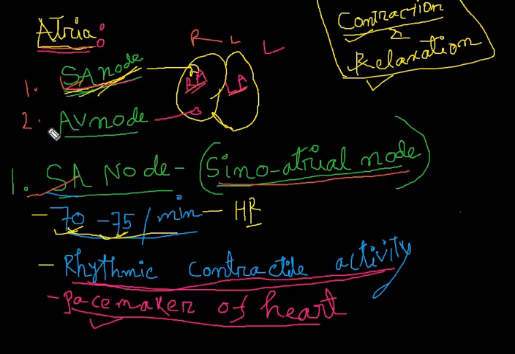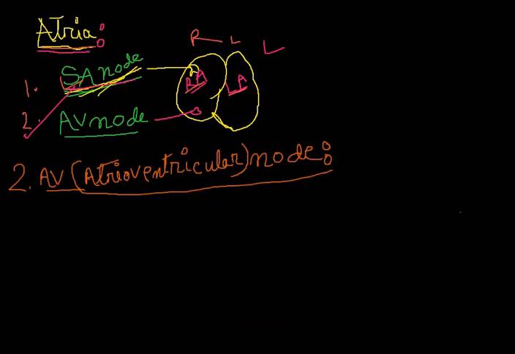Now we are going to discuss the second node of heart, that is AV node of heart. Second is AV node. What does AV mean? Here A means atrio, V means ventricular. That means atrioventricular node, AV node.